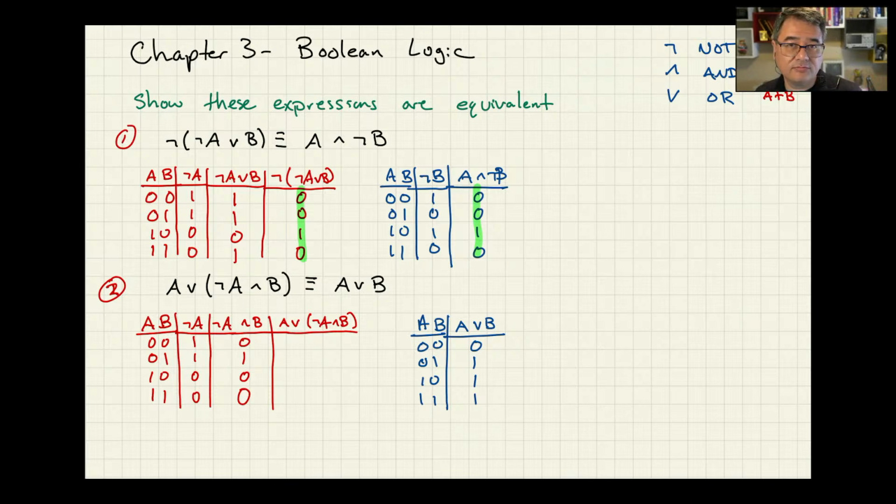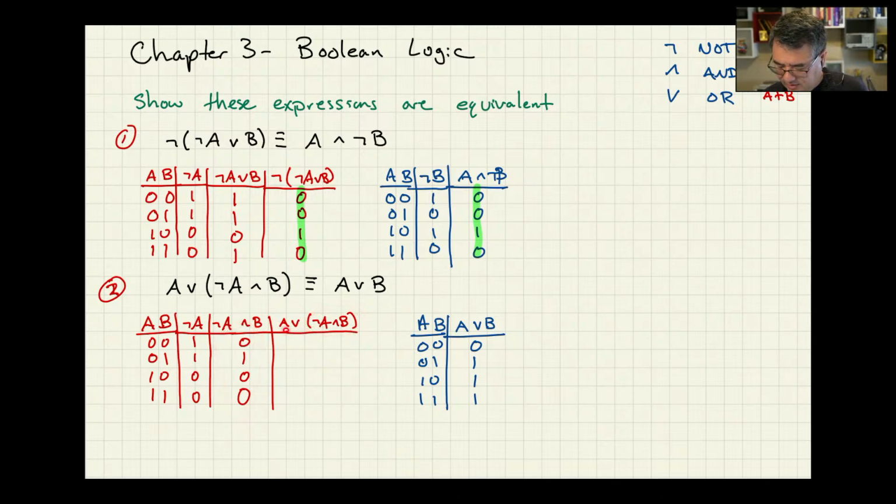Okay, hopefully you're moving along on this problem. I'm working it out as well. So I've already worked out the not A and B column. And the last one is going to be the A or, and then the not A and B, which is just this column over here.